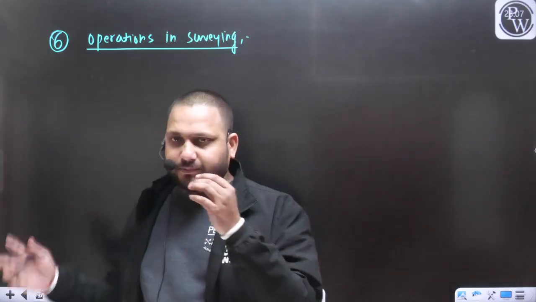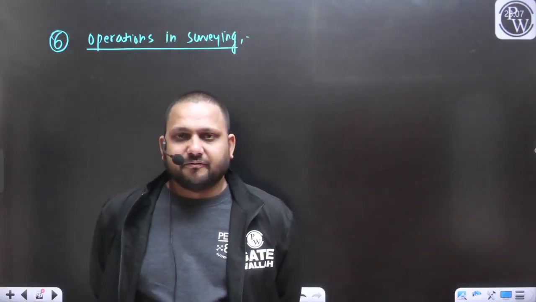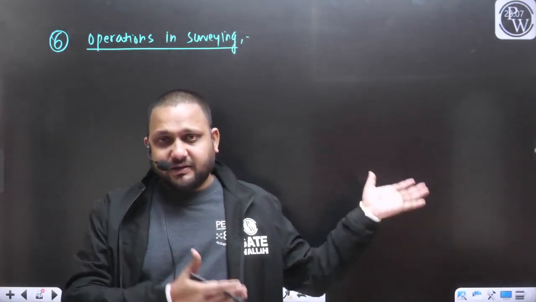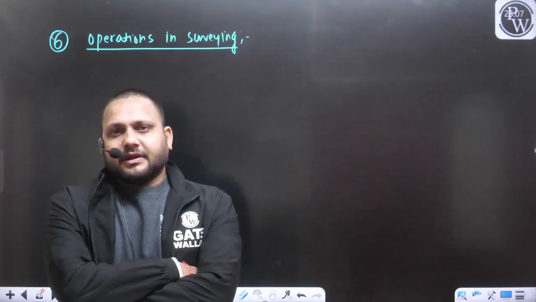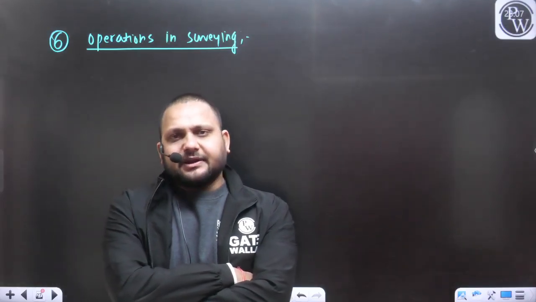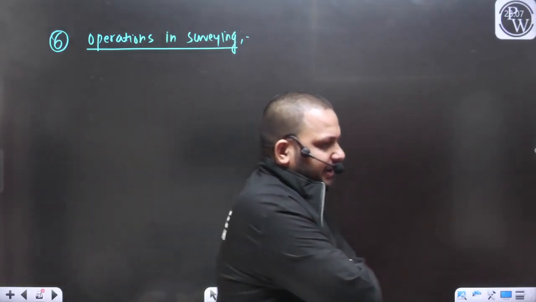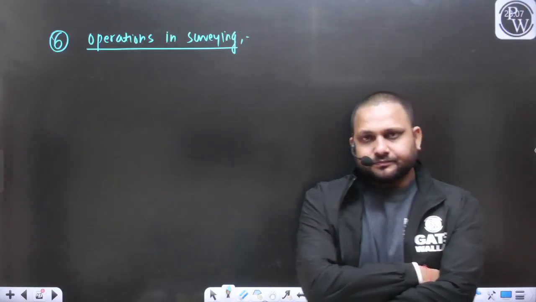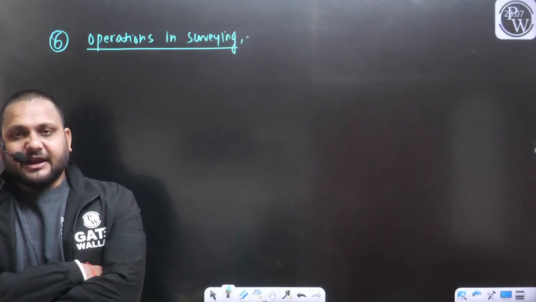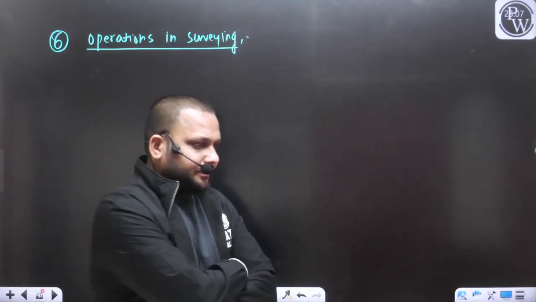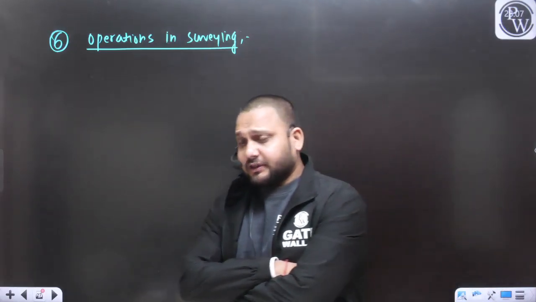We have various types of surveying. We have classified the surveying in today's class itself. To locate the relative position of any point, we require some linear measurements and some angular measurements. There are various instruments that we can use for the linear measurement and various instruments for the angular measurements.